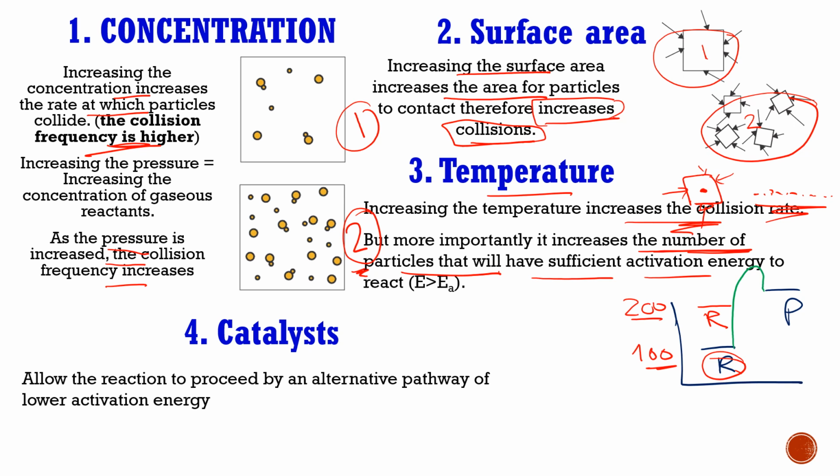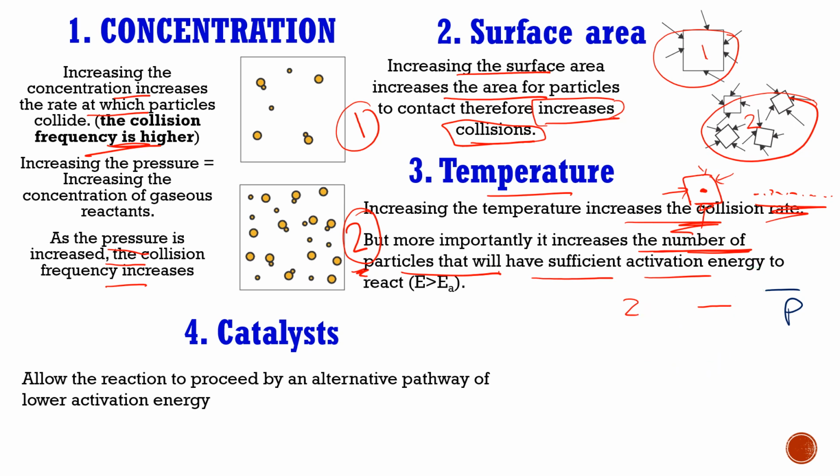Of course, they will never affect the height of the mountain. For that reason, the original activation energy will not be affected, but the catalyst will provide an alternative pathway for the reaction to proceed faster.